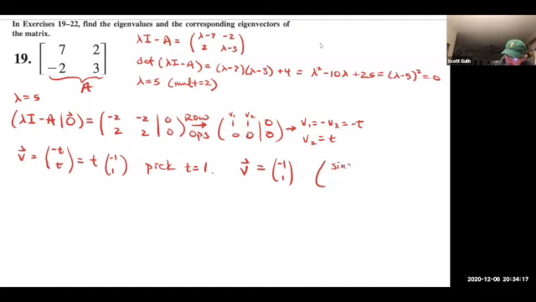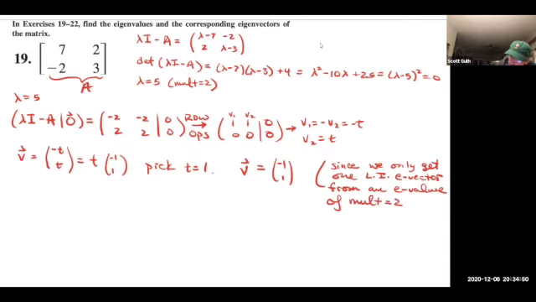Since we only get 1 linearly independent vector, I should say eigenvector, from an eigenvalue of multiplicity 2, A is defective.